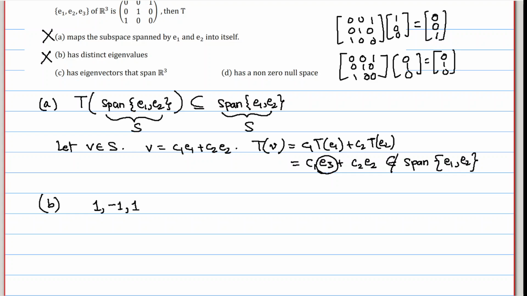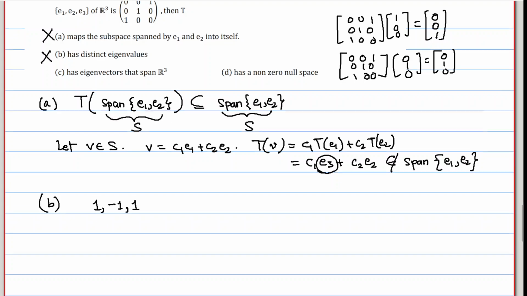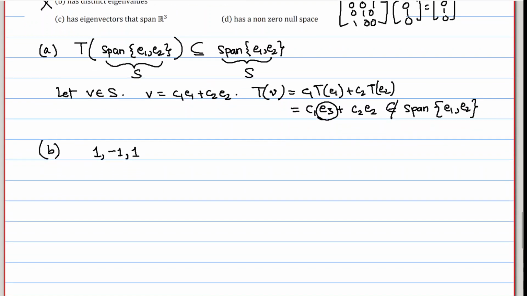Now the next option says it has eigenvectors that span R3. What does this mean? There will be an eigenvector corresponding to this, call it V1, another corresponding to this, call it V2, and another, call it V3.